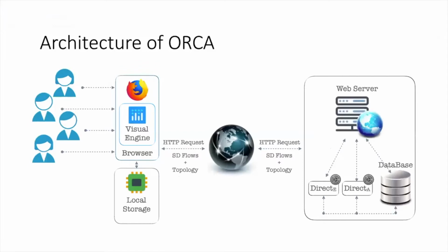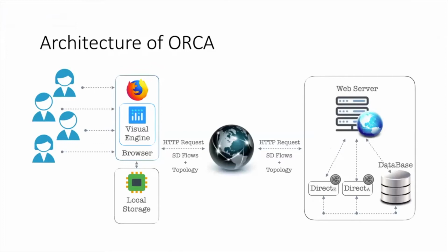Now we come to the architecture of Orca. In this, we have the actual concept of Orca. The users provide the parameters that generate the network, which will be executed at the Orca server, which will be a Shiny application in our case.